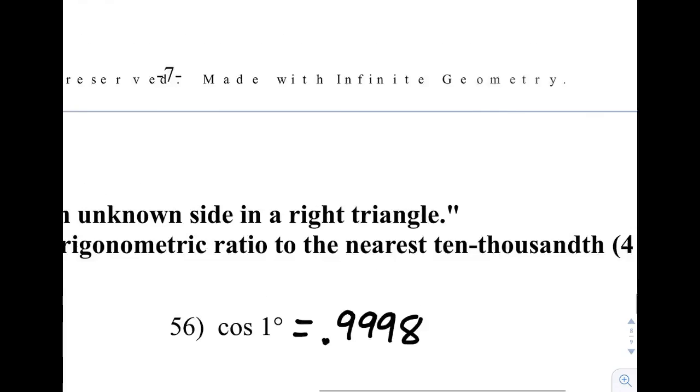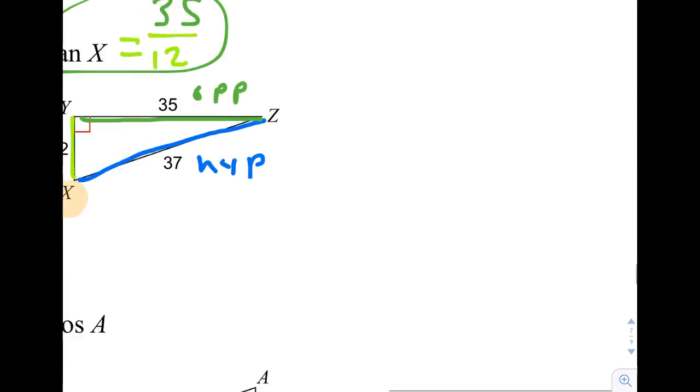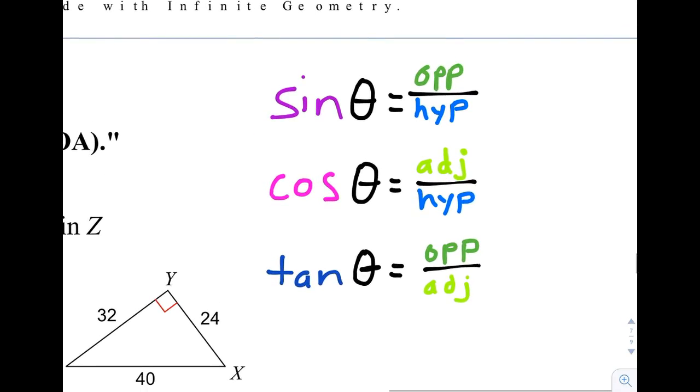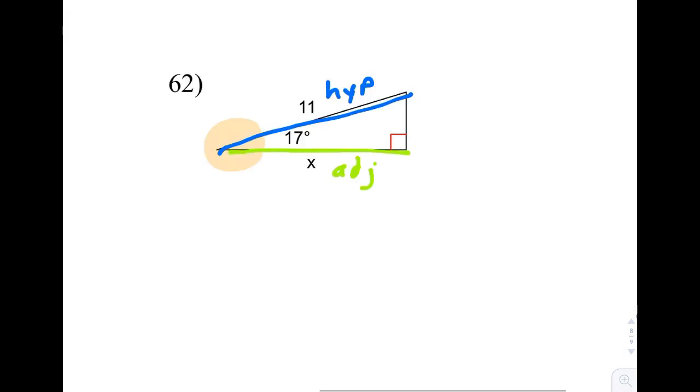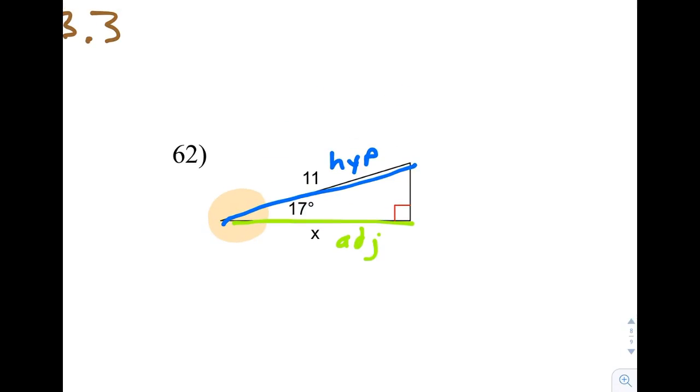Let's go check our list of stuff up above. Adjacent and hypotenuse. That's going to be this one right here, cosine, adjacent over hypotenuse. So adjacent is the one that's going to have to go on top, and we're going to use cosine. So let's go back to our problem, and we said that we're using cosine.